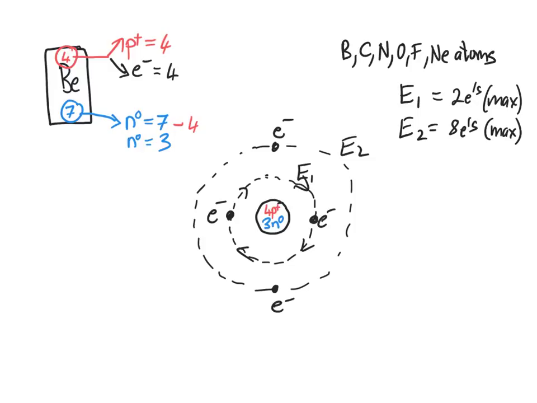So the electrons that you are going to add to the atoms I've asked you to draw are all going to be added in energy level number 2.